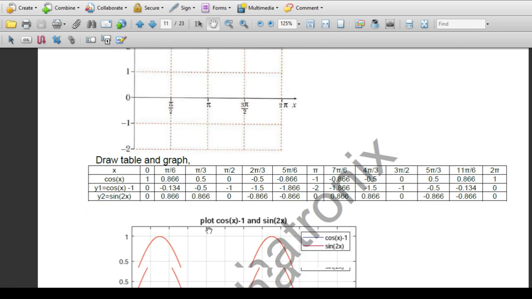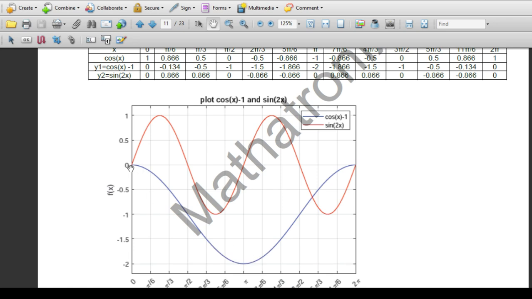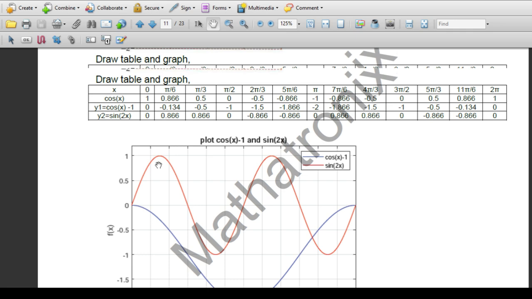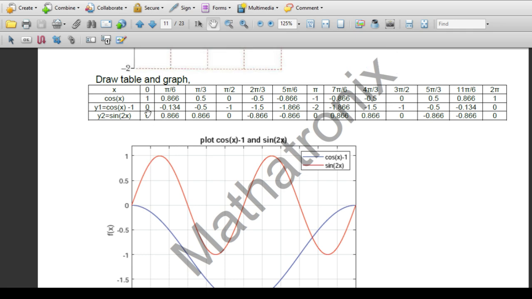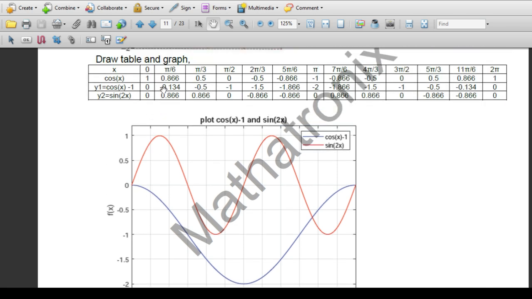Now we are plotting it. So this blue is cos x minus 1. At 0 we have this 0 here. At pi by 6 we have this value, which is minus 1.134.